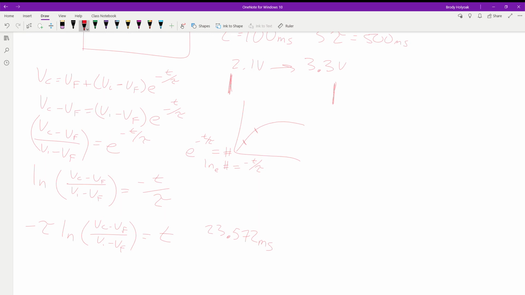And then we need to go to 3.3 volts. So use this equation again and solve for it with Vc equal to 3.3. Because again, it's still the same circuit, it's still charging. We just want to start the timer when it hits 2.1 and stop the timer when it hits 3.3.